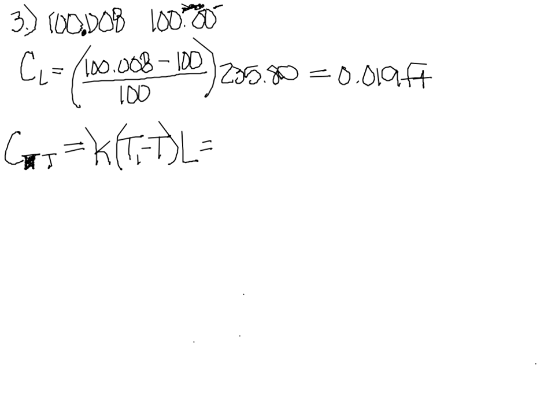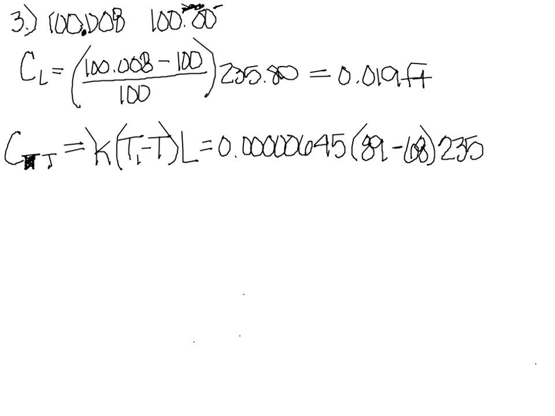Our coefficient is a given, and it is 1, 2, 3, 4, 5. That's our temperature coefficient for the units that we're using, English units. There's the difference in our temperature, and we're going to multiply that times 235.80, the length that we measured.